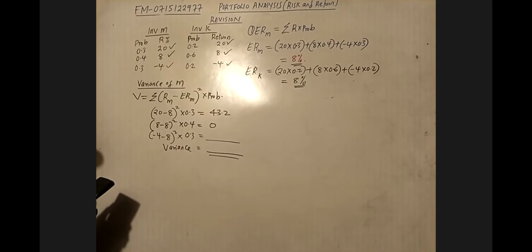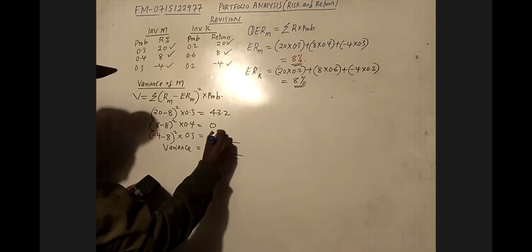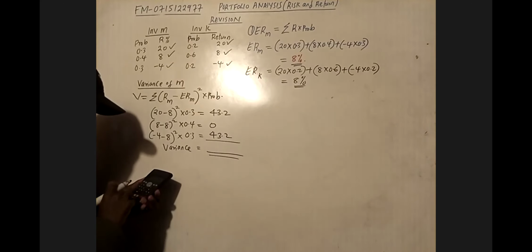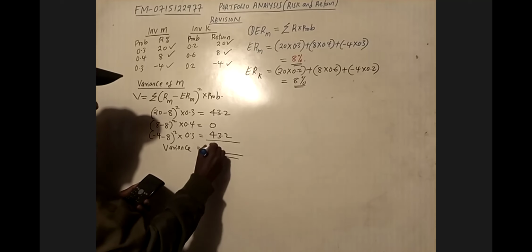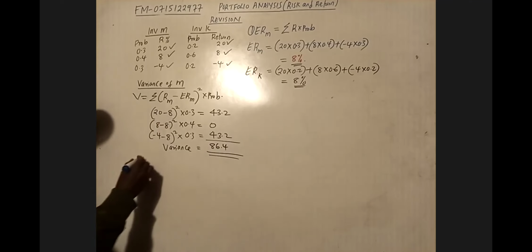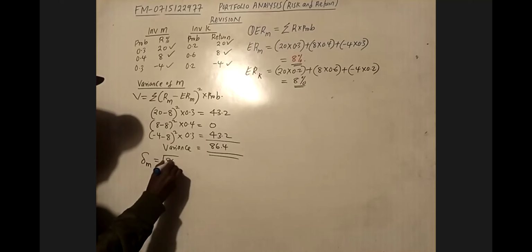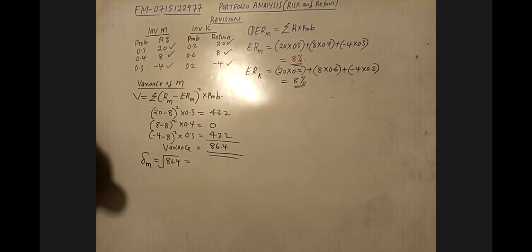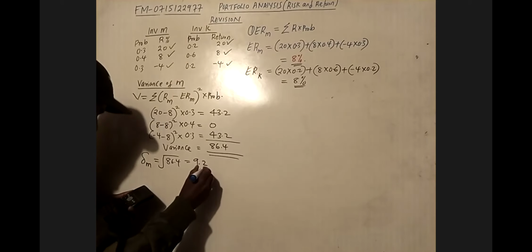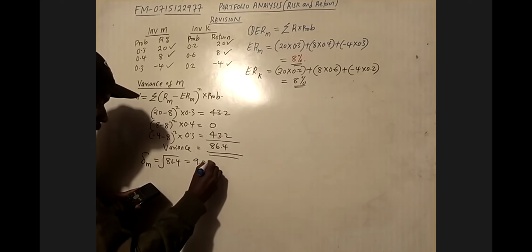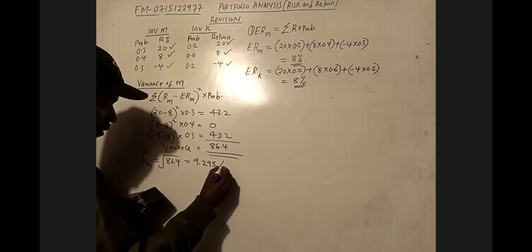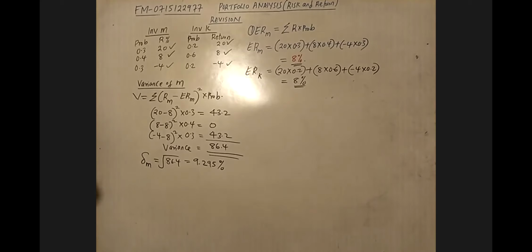Then minus 4 minus 8 squared times 0.3 is 43.2. Then we add 43.2, which is 86.4. So the standard deviation of M is the square root of the variance, which is 86.4. The answer to the square root of the variance is 9.295%. So we are done with that one.